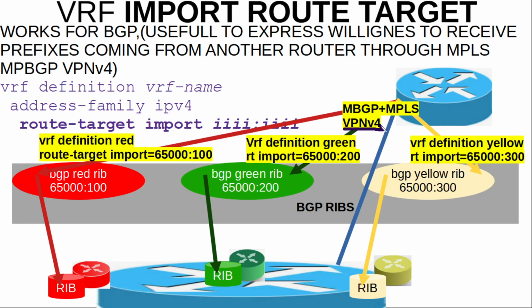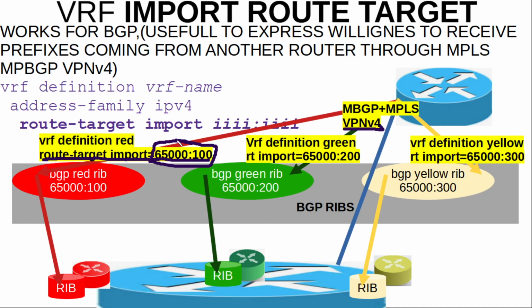Just bear in mind that if you don't actually use a route target import within your VRF, you are just going to drop all the prefixes that come from other routers that happen to have this particular extended community. So that is why you will usually use route target export and route target import with the same number.